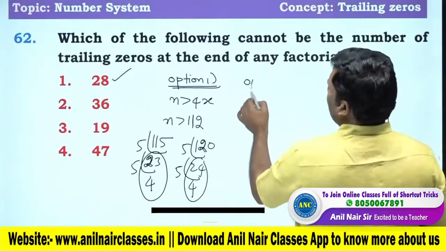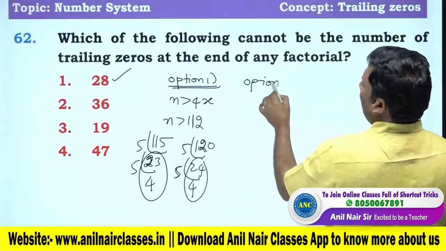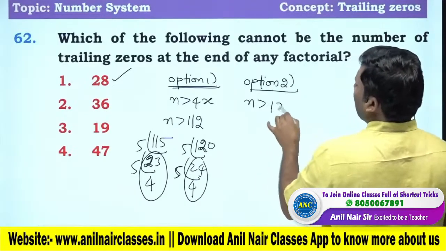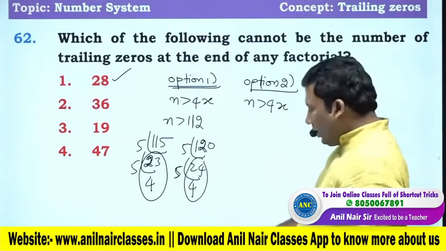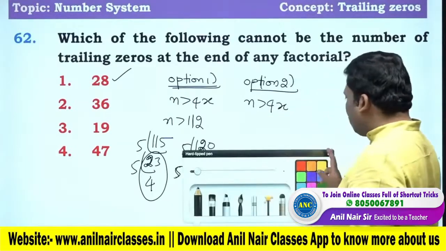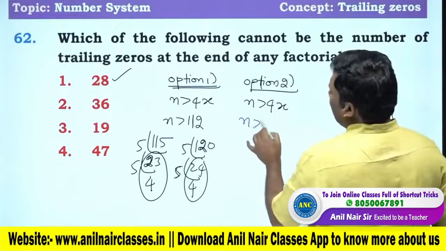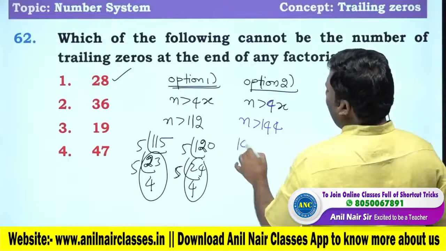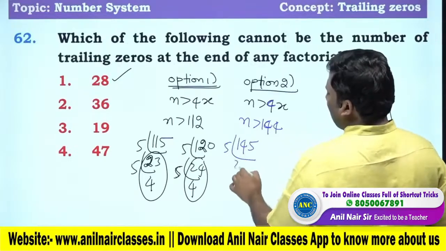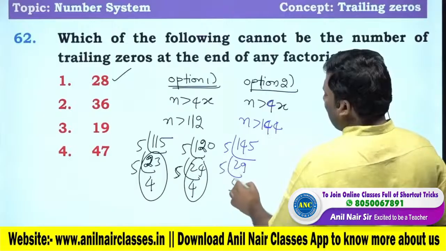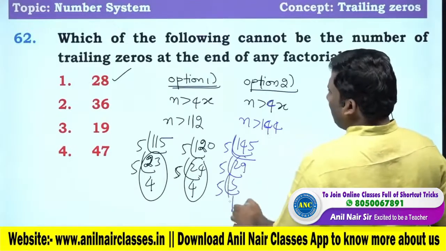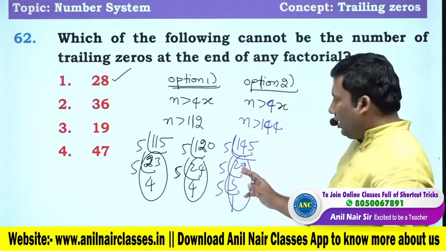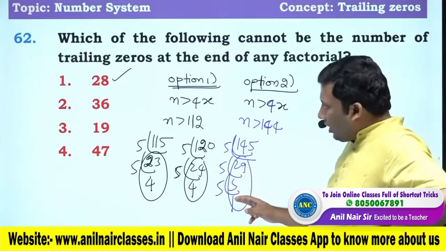Second one. Very interesting topics. N is greater than 4x, so this will be n is greater than 144. What is the multiple of 5 greater than 144? 29, 5, and 1, so 29 plus 5 is 34, plus 1 is 35.